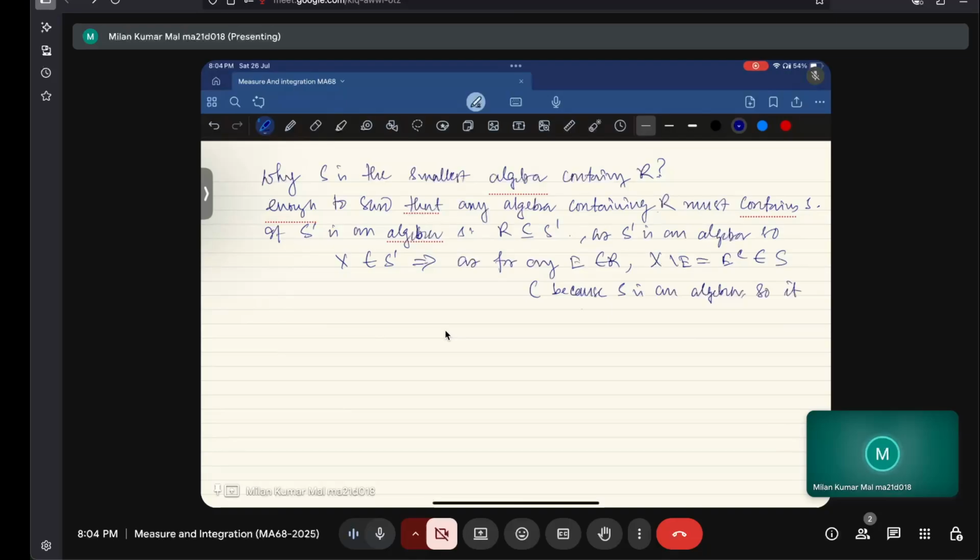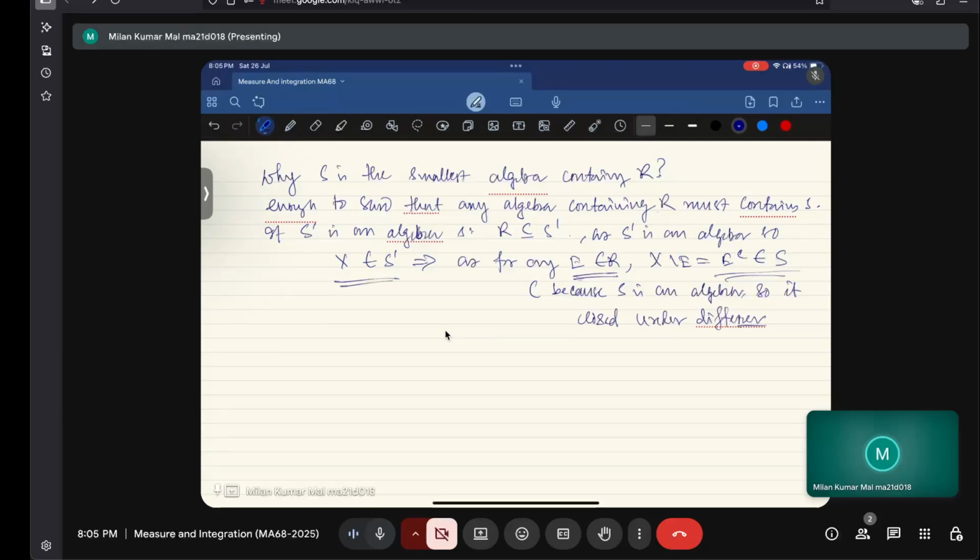So it is closed under differences, and for any E in R, its complement is again in S dash.